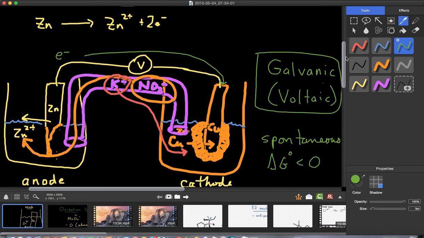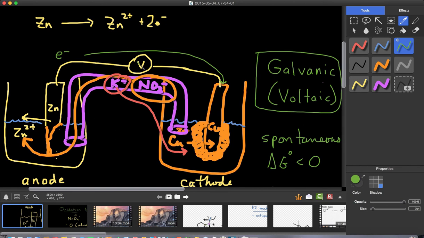Now, we will have a typical voltage for each system that we subject to a reaction. For example, this is a very classic example, and the total voltage is 1.10 volts.